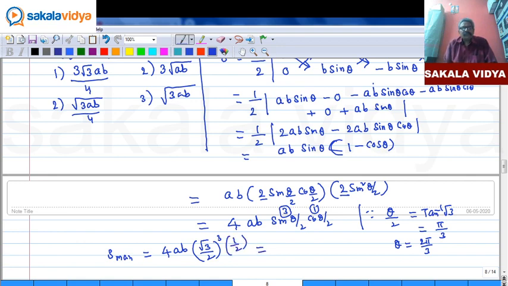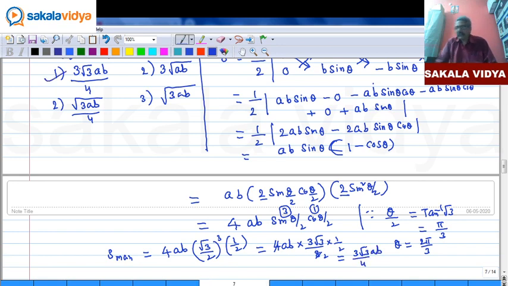This will be 4ab into 3 root 3 by 8 into 1 by 2. So 4 one's a 4, 2 twos a 4. This will be 3 root 3 by 4 ab. So that means the first option is the right option. First option is the right option.